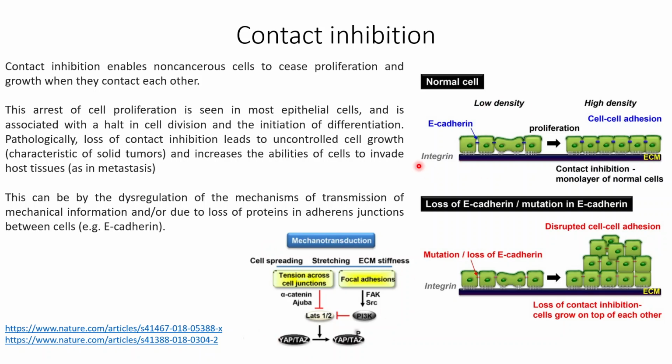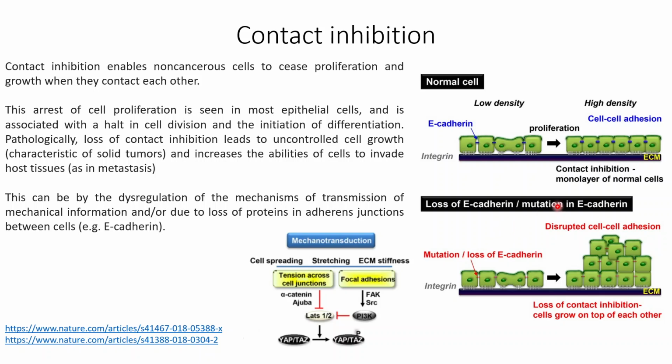And another process in which this loss occurs is by the loss of E-cadherin. E-cadherin is an important protein found in these adherens junctions between cells, right? And normally you will have these junctions with E-cadherin, and when you have these cell-cell adhesion points, that actually inhibits it from going from a monolayer to just piling up cells one over another, right? So it'll just stop here.